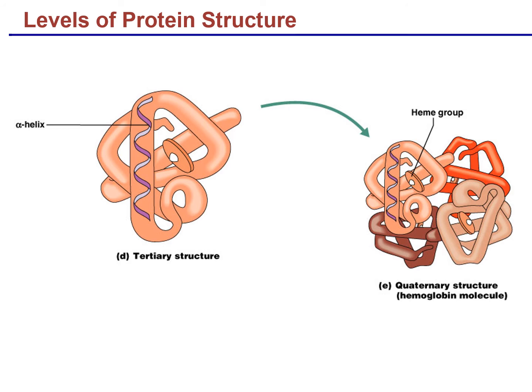That would be called a dimer. At the center of each polypeptide subunit, there's an iron-containing heme unit. That's the thing that oxygen binds to. So hemoglobin is a pretty good example of a large protein that has that fourth level of structure, that quaternary structure.